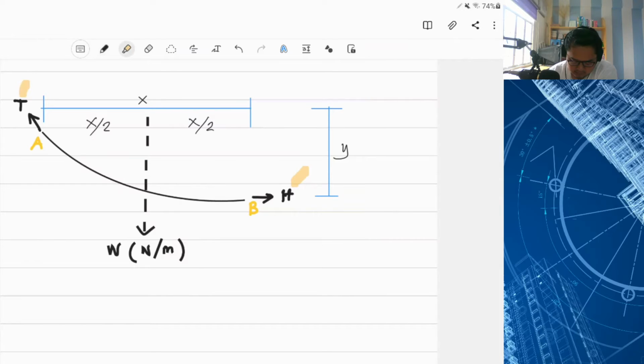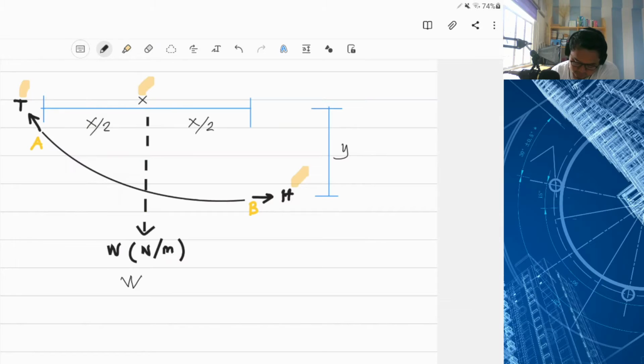So let's assume this segment. If we have the horizontal distance of x, the weight that is suspended on the cable is w in Newton per meter because this is horizontal. Let's summarize this as big W.